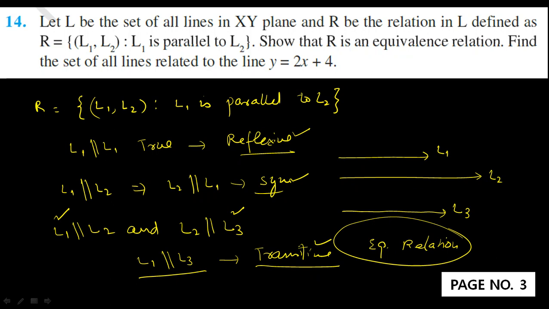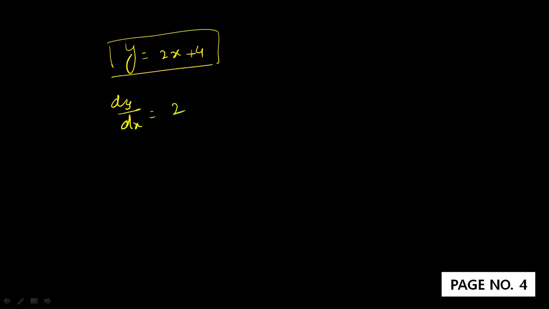Now one more part is there. Find the set of all lines related to the line y = 2x + 4. If I differentiate this, dy upon dx, I can write this value as 2. This one is one thing.